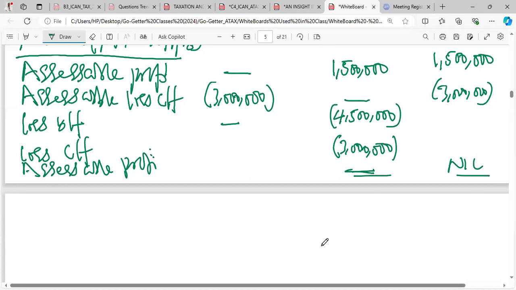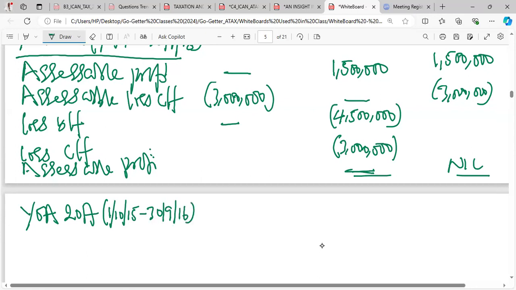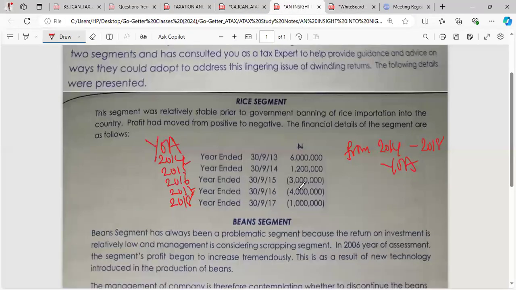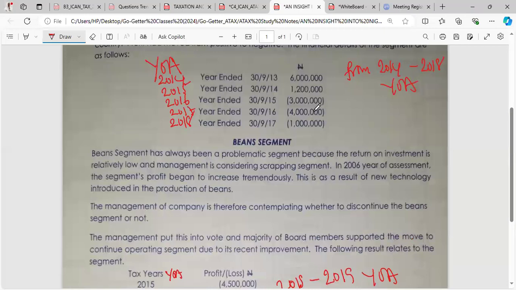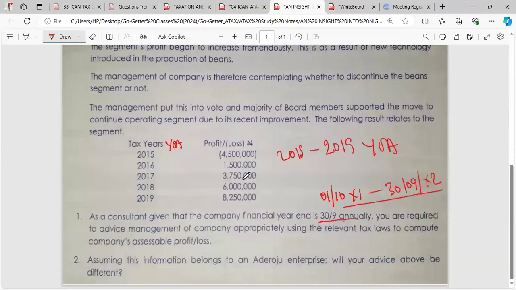You now go down to 2017, year of assessment 2017. To start from October 1, 2015 to 30th September 2016. Now, rice is still making a loss, 4 million. That's 4 million in 2017. 3,750 profit in beans. 3,750 profit.